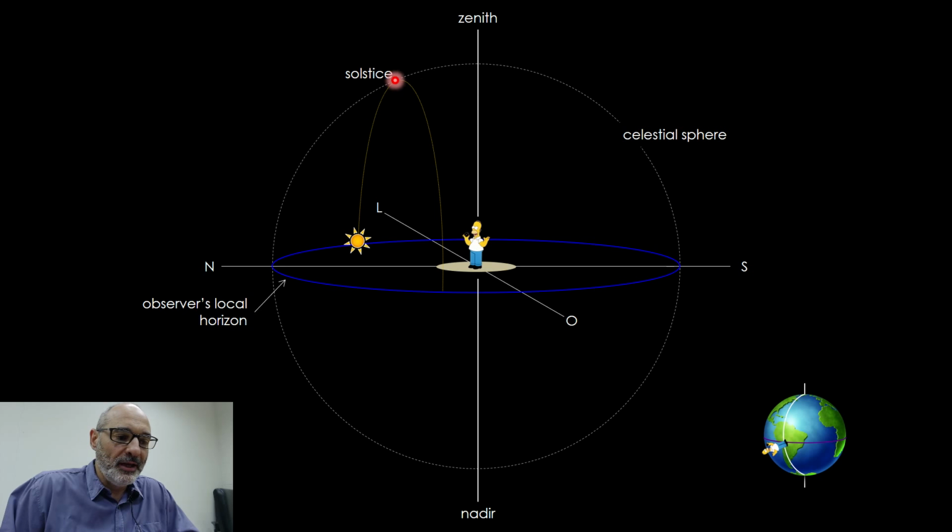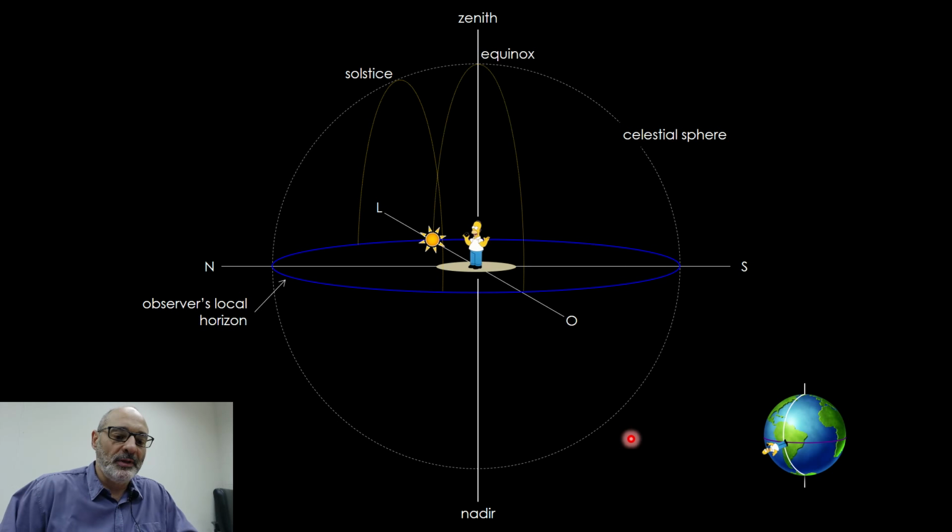When our observer observes the sun on this particular day, the solstice, he sees the sun rising on the horizon here from the east. It goes up to 12 o'clock here, and then it sets on the other side of the horizon. And this is the solstice. This means that the sun is farthest, that's the maximum inclination.